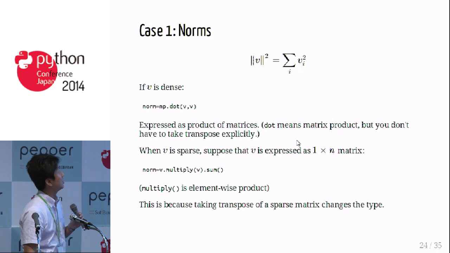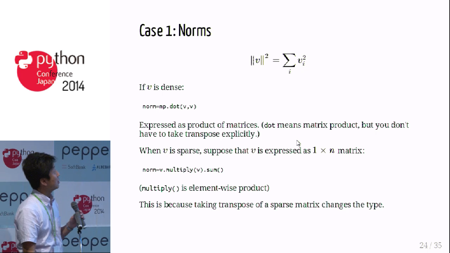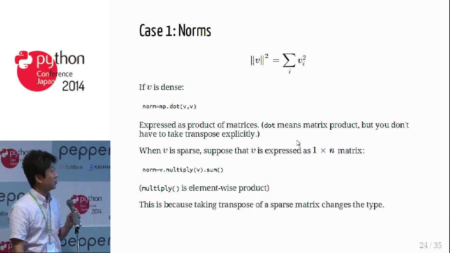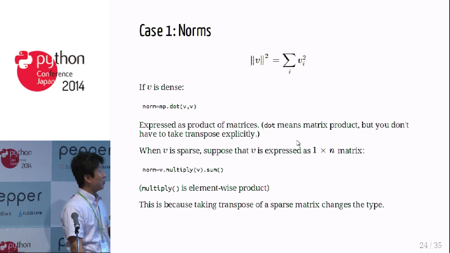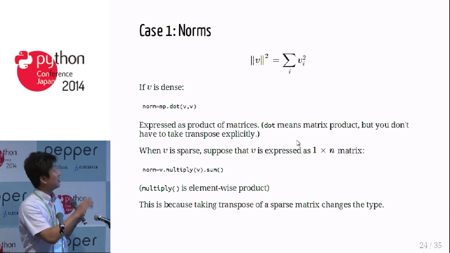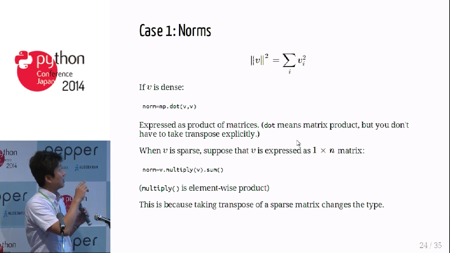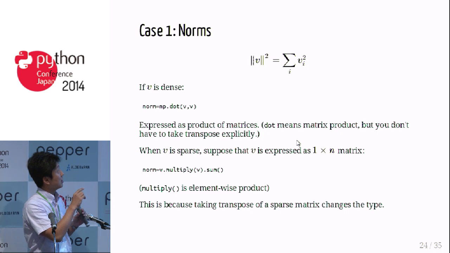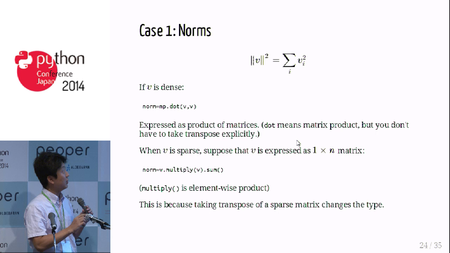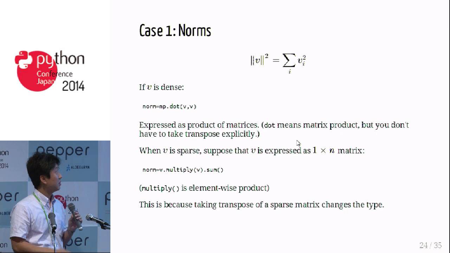So first is the norms. Computing norms is also important in numerical computation. First, it's just computing the norms of usual vector. It can be computed with matrix product.